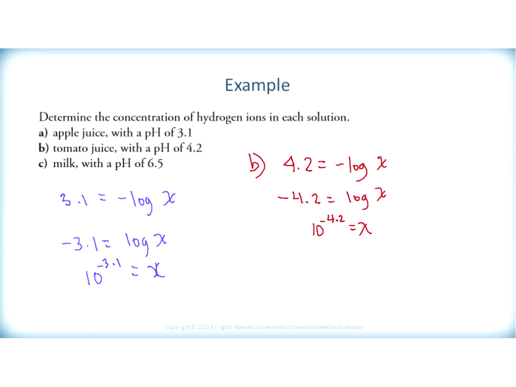And last, for milk, we would have C: 6.5 would equal negative log of x. So negative 6.5 would equal log x. And, of course, we cannot determine that directly. We have to change it to exponential form.